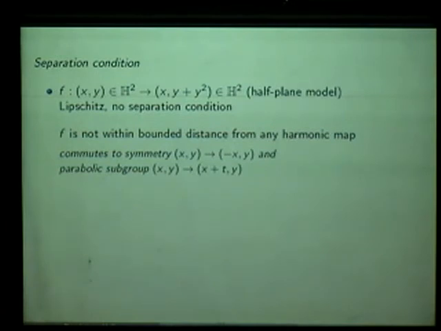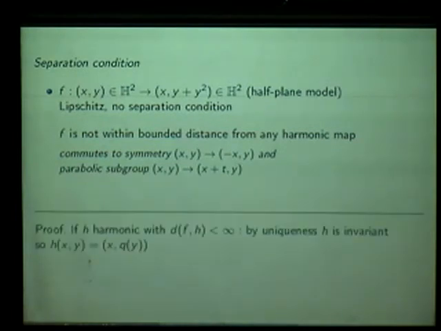By uniqueness, I remind you that the harmonic maps, when they do exist, that are within bounded distance from the quasi-symmetric map are unique. So if such a harmonic map existed, it would also commute to the symmetry and to the parabolic subgroup. So it would have a special form. It would read as h of x, y equal x times some function of y.